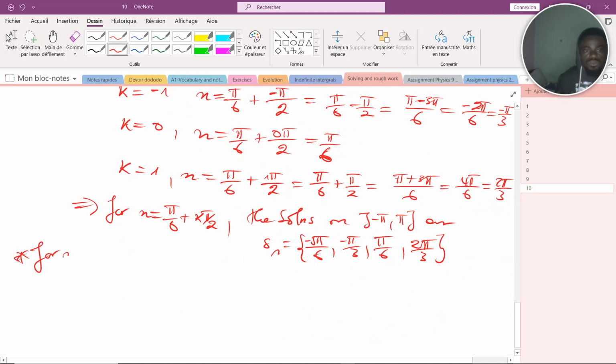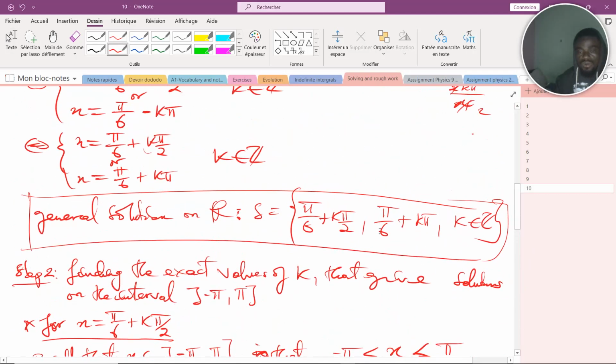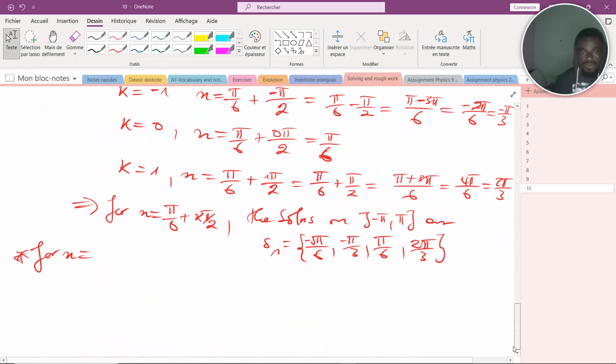Let's now do for the other one. For x being equals to, this is the other one, pi on 6 plus k pi.